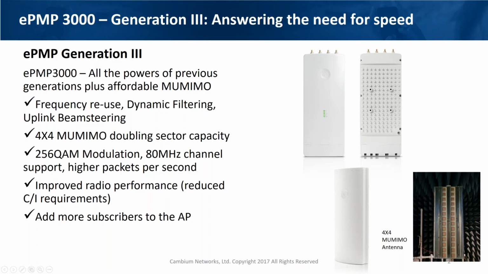Generation 3 product. As most of you are familiar, ePMP started off as the first generation product with ePMP 1000. In that product, we introduced GPS sync with a heavy emphasis on improving the self-interference situation, as well as offering frequency reuse. ePMP started off as a very affordable platform that, unlike any of its peers in the market, offered frequency reuse.